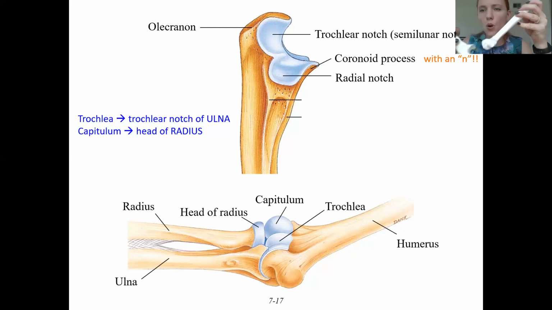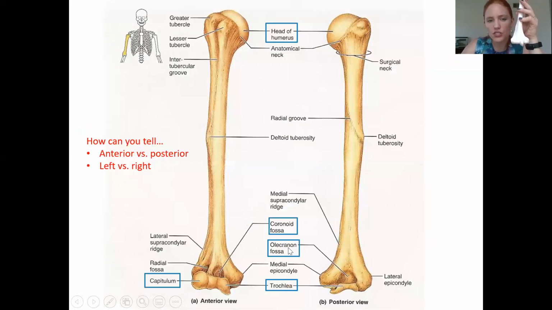So the coronoid process is going to go into the coronoid fossa on the anterior side of the humerus, which is seen only on the anterior side of the humerus.